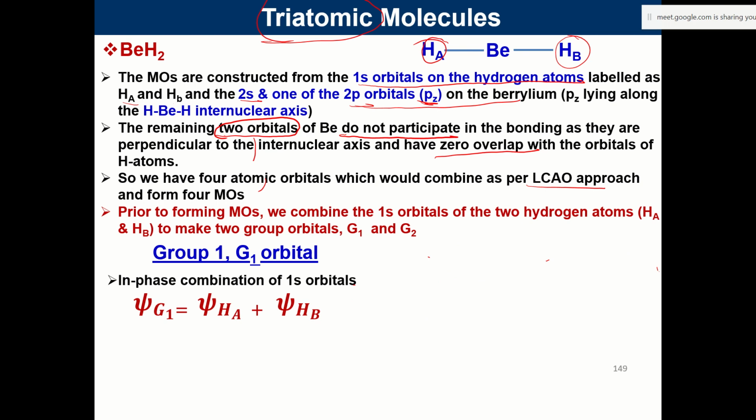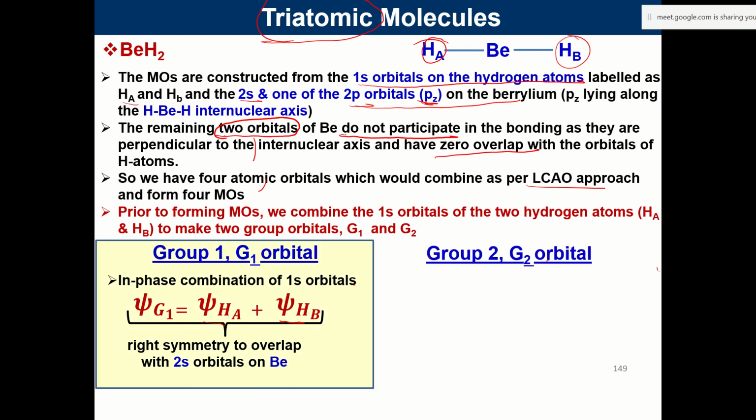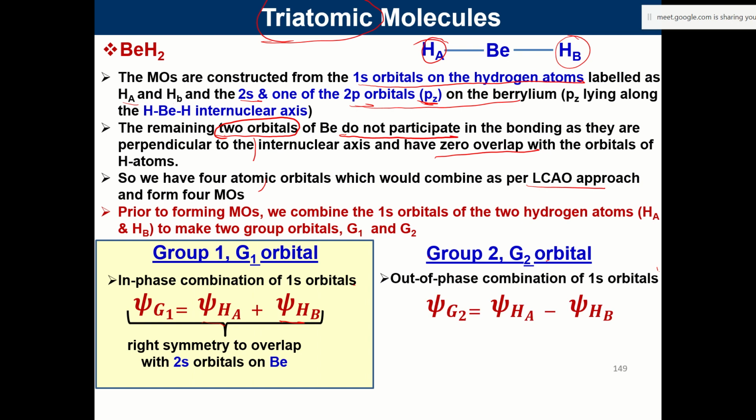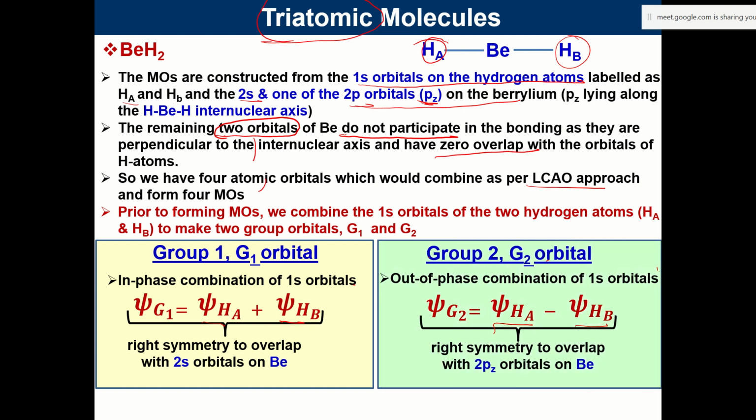When we write it, psi for the wave function of the two hydrogen atoms, this has the right kind of symmetry to overlap with the 2s orbital on beryllium. We will just see the pictures. Group 2 orbital will be the out-of-phase combination of 1s orbitals, so sigma HA minus HB. Just reverse the sign and you get it. These two sets of orbitals, when they are formed, have the right kind of symmetry. Group 1 has the right symmetry to overlap with the 2s orbital on beryllium, and group 2 has the right symmetry to overlap with the 2pz orbital on beryllium.